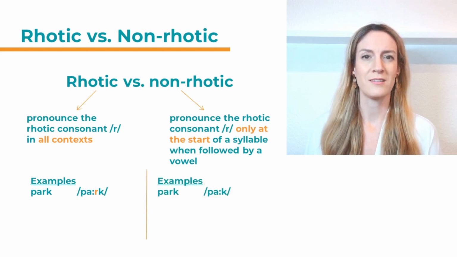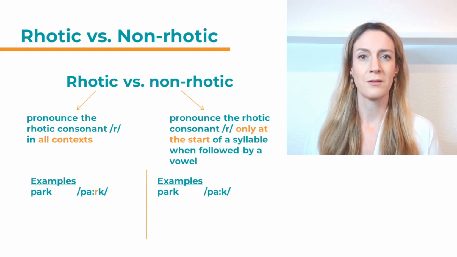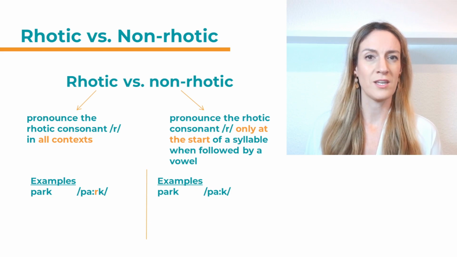In comparison, the word would be said as park. I'm going to say them again, first with a rhotic accent, park, and now with a non-rhotic accent, park, p-a-k, park.